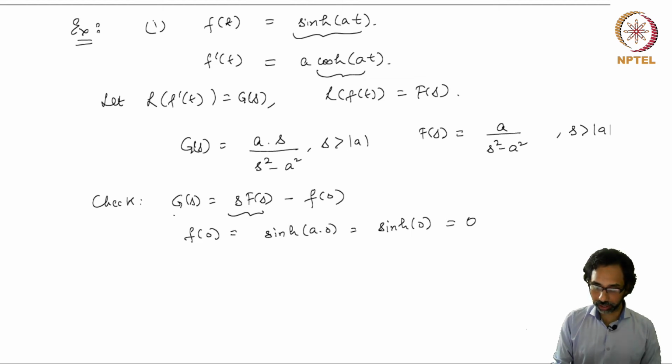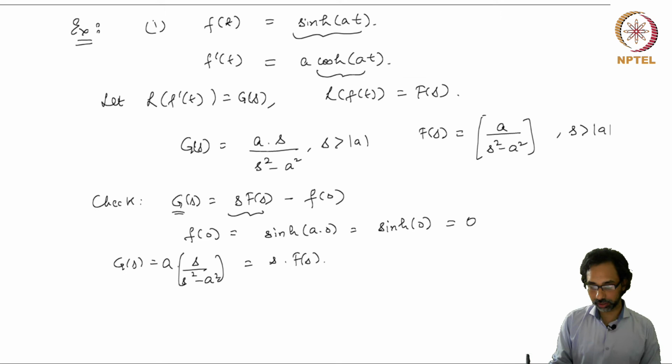So on the left hand side we have G(s), which is a times s over s squared minus a squared, and this is nothing but s times F(s), because F(s) is a over s squared minus a squared. So our formula checks out.